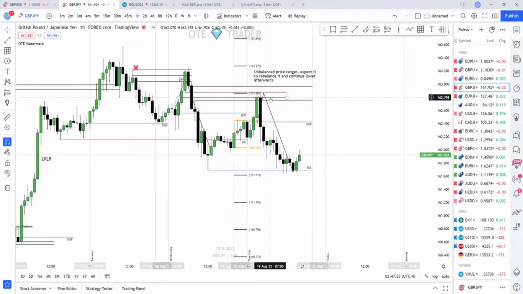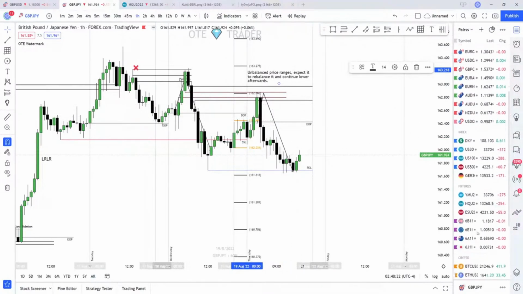This one I sent in on the Discord from London trading up into this unbalanced price range, right? Like we did. Unbalanced price ranges, expect to rebalance it and then continue lower afterwards. You can see it literally coming into that unbalanced price range. Target is previous daily low, and that fully came to fruition. So this is how I determine my draw on liquidity and where the high probable areas are for delivery.